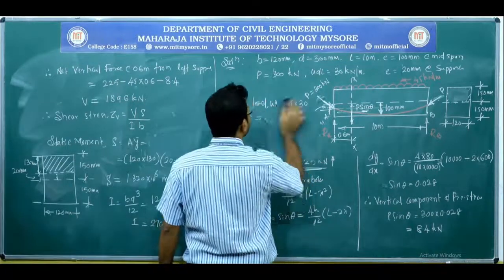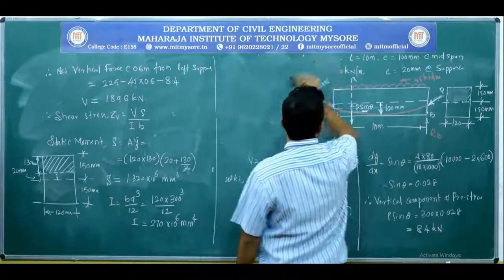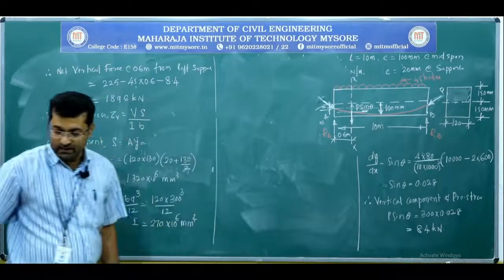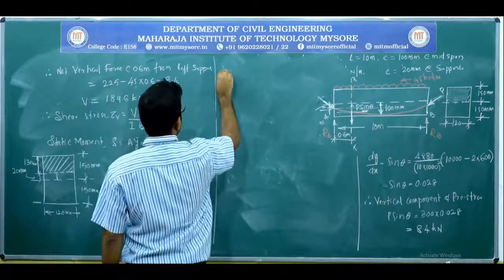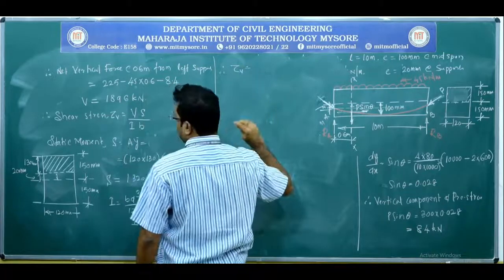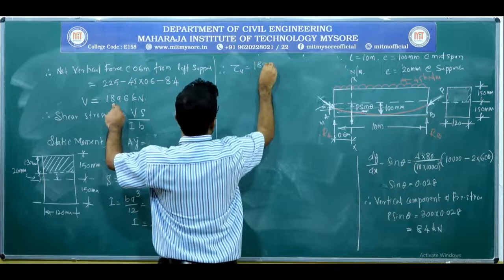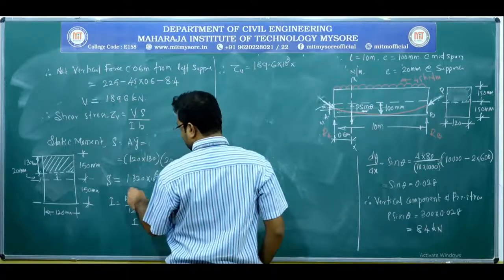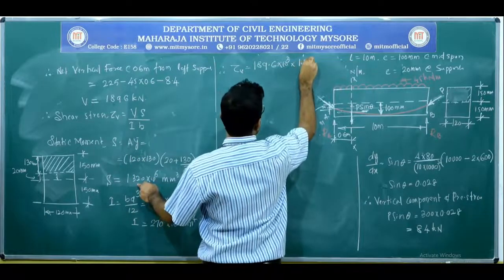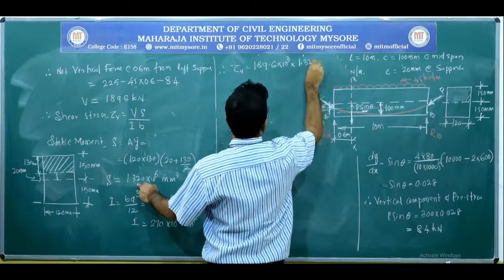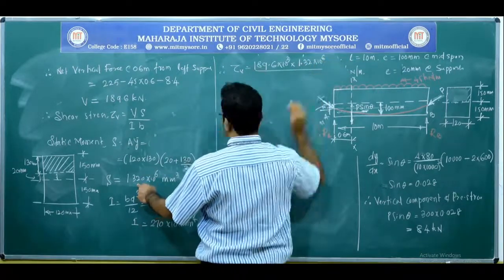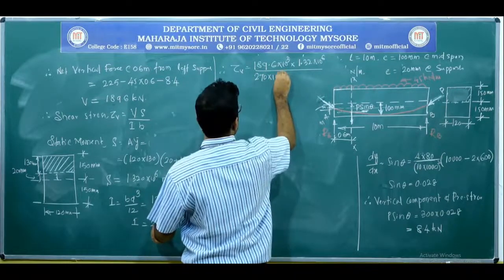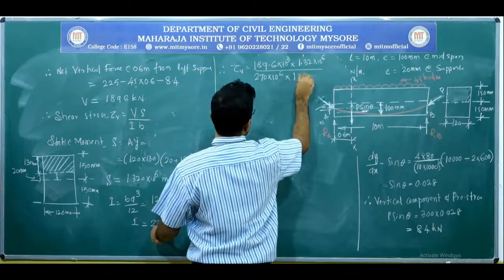So if I substitute all these into the shear stress equation, shear stress tau is equal to V, 189.6 into 10 to the power 3, into static moment 1.32 into 10 to the power 6, divided by I, moment of inertia 270 into 10 to the power 6, into b, 120.